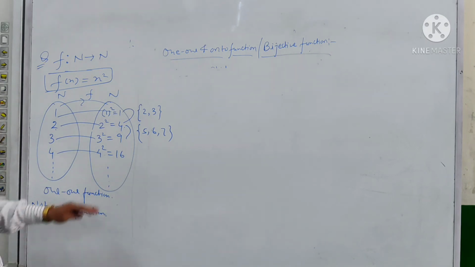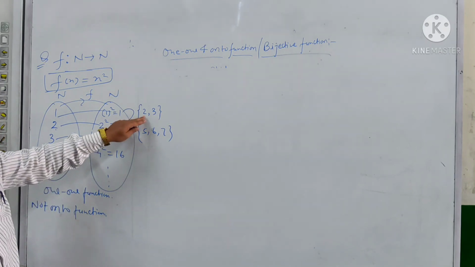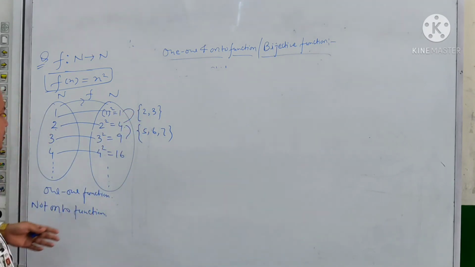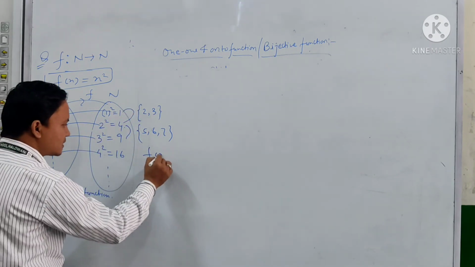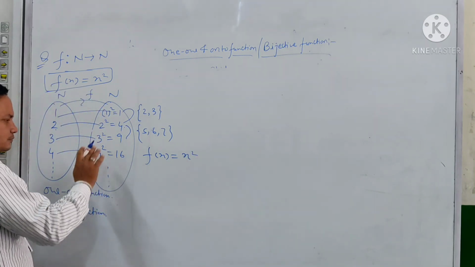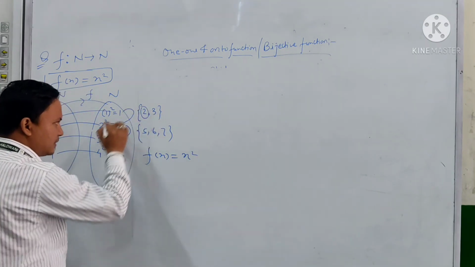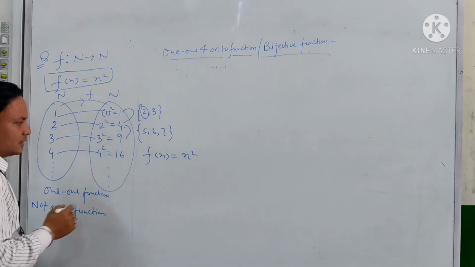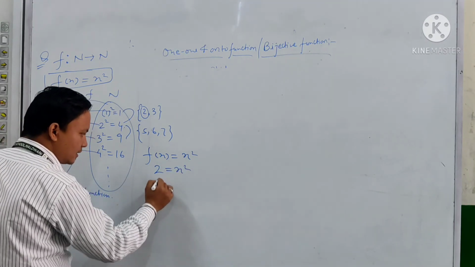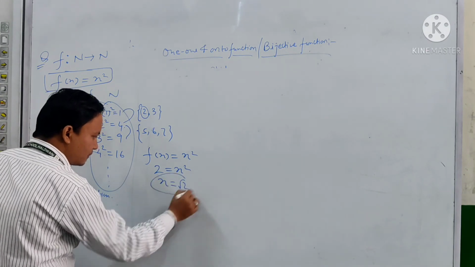If you want to find the pre-image of the element 2, then given that f(x) is equal to x square, we put 2 equal to x square, so x is equal to root 2. What does it mean?